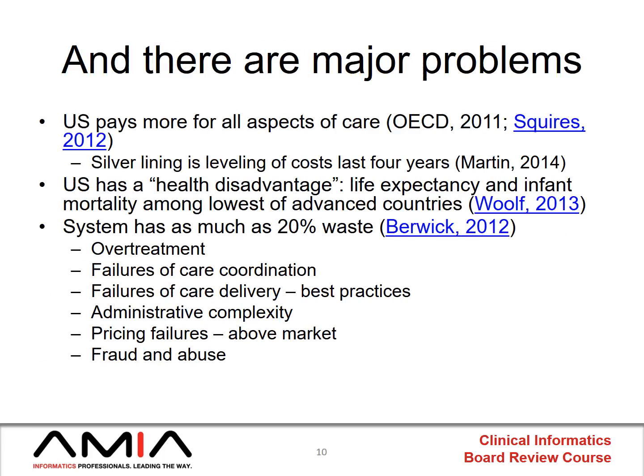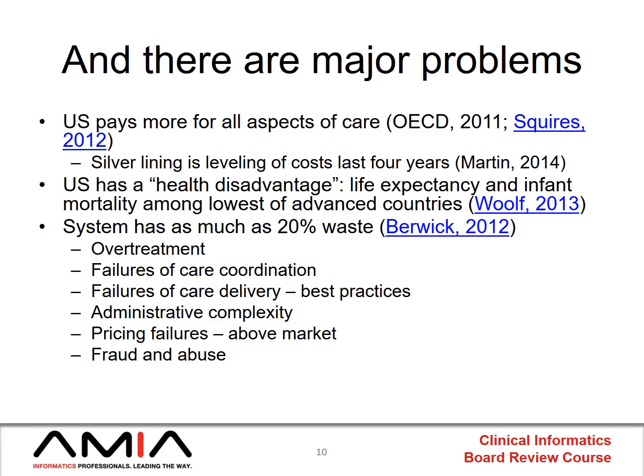And of course, we know there are many problems with the healthcare system in the United States. One of these is that the U.S. pays more for all aspects of care relative to other countries.